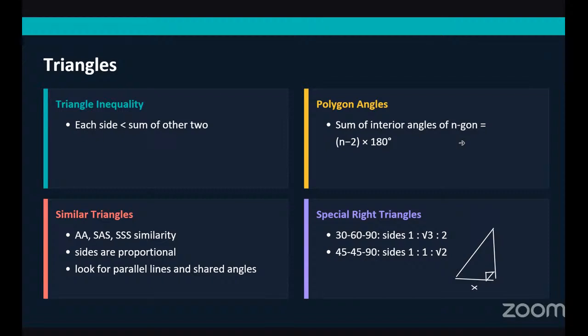If it was a 45-45-90, then this would be x, this would be x, and this would be x root 2. That's drawn kind of badly, sorry. It would be the same for the 30-60-90, where the x goes to the 30, 2x would be for the 90, and then x root 3 would be for the 60.